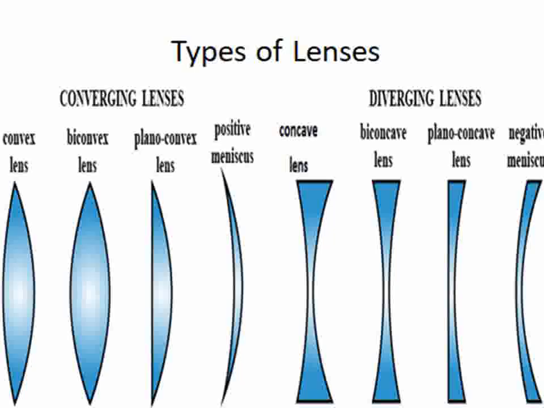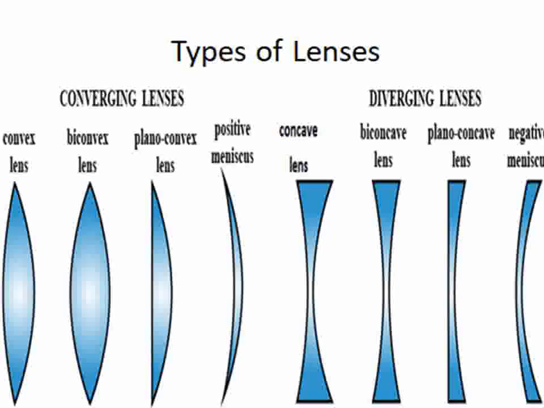Let us come to concave, diverging lenses. In a concave lens, both surfaces are in such a way that it is thin in the middle and thick at the periphery. If one surface is plane, then the second last figure shows a plano-concave lens.